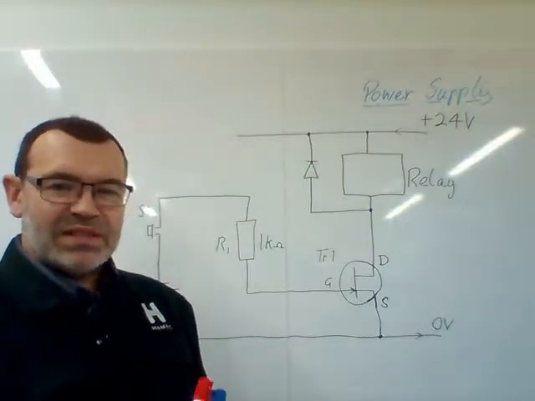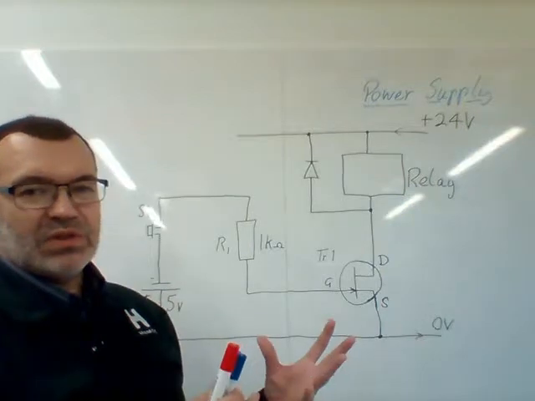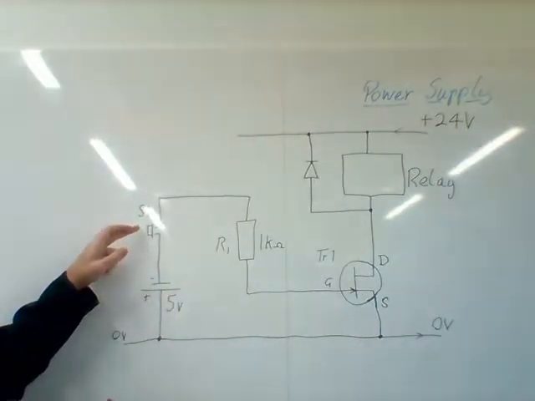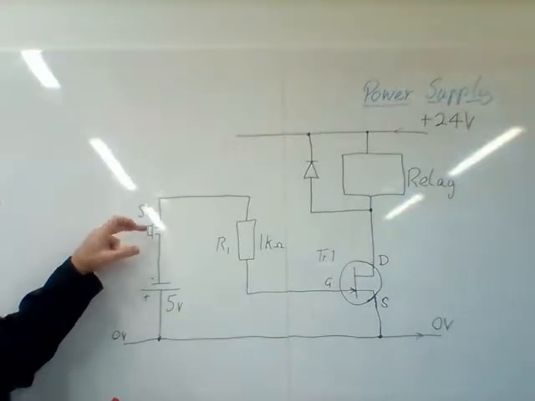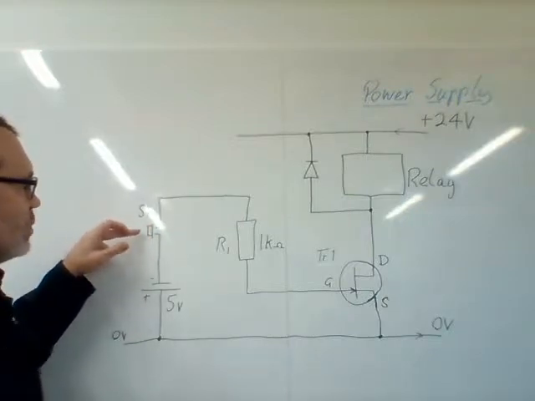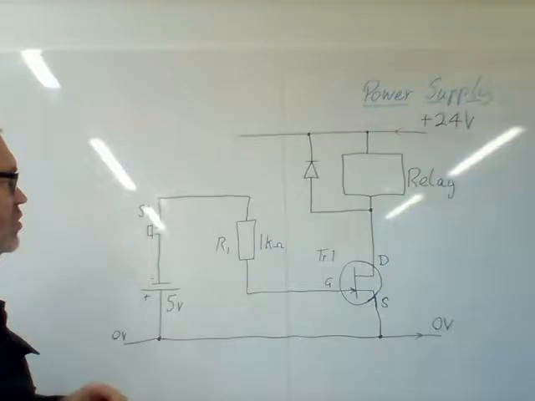So the first part is considering what the circuit is doing now as it sits. We've got a button here that is not made. You can see that there's no connection. So that's a push switch that we need to push in order to make those contacts.